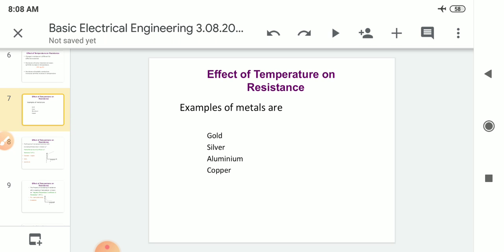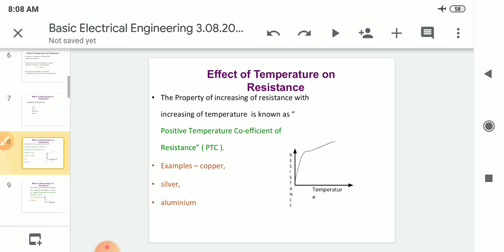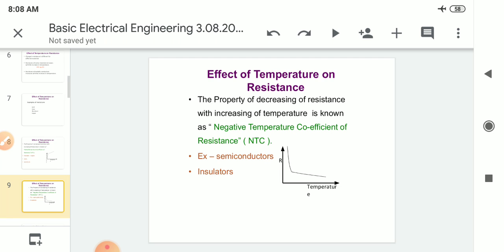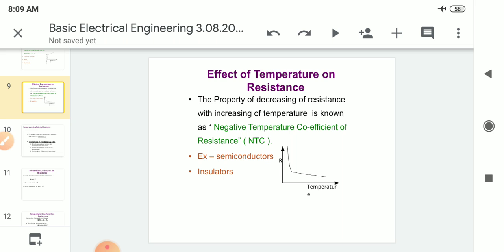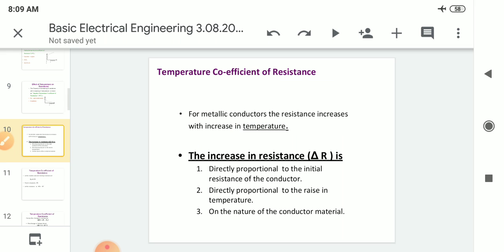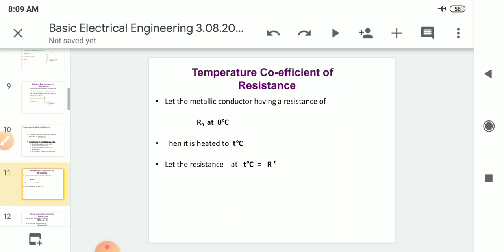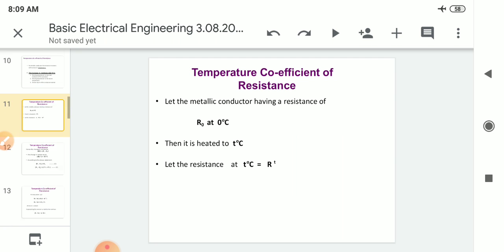Right? These are the examples for our metals. Here, observe this graph. For our metals, the resistance will rise with temperature. For our semiconductors and insulators, it will decrease. That's why this graph is like this. Like this, we observed our equations.